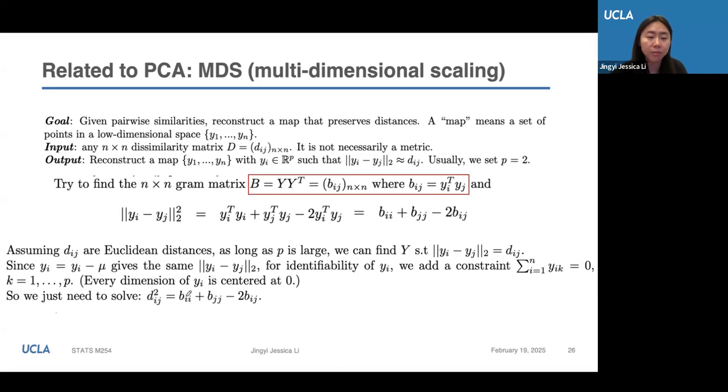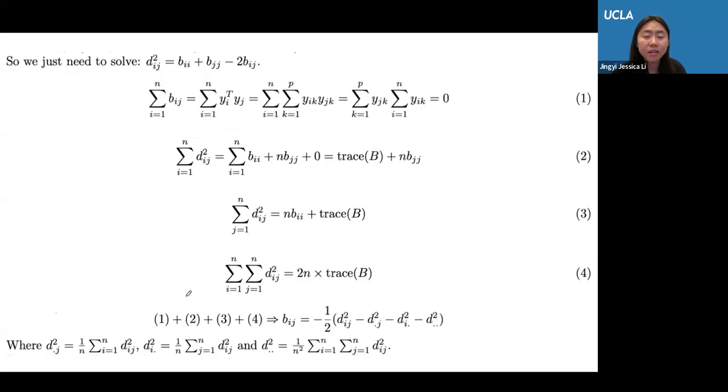Okay, solving this problem is now a set of algebra. We're trying to solve a system of equations. First thing we consider is the constraint, right?